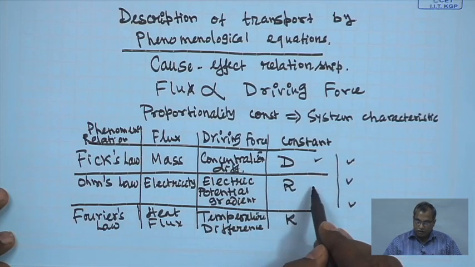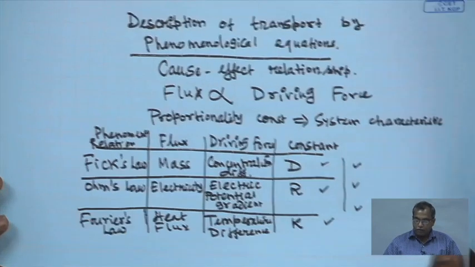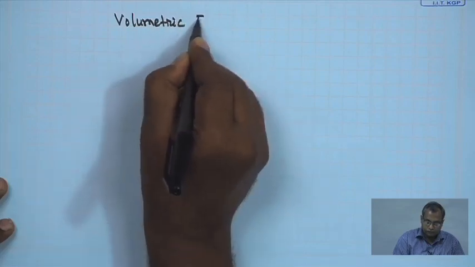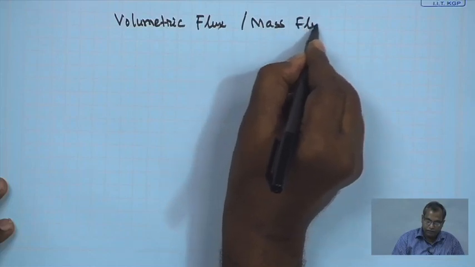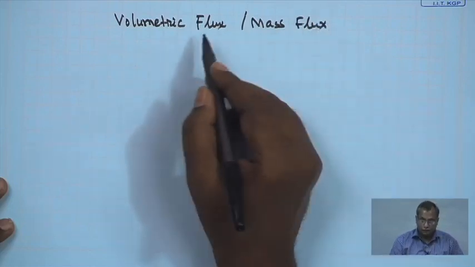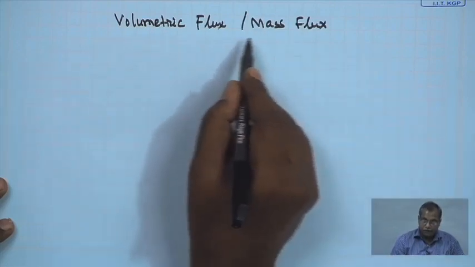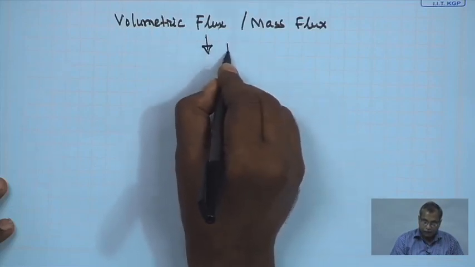And the various constants of this cause effect relationship, the proportionality constants, are basically related to the various system properties. Similarly, in our membrane based processes also, we are having a volumetric flux or mass flux. If we convert the volumetric flux by multiplying by the density, we will get the mass flux, and this volumetric flux or mass flux is generated by the driving force.